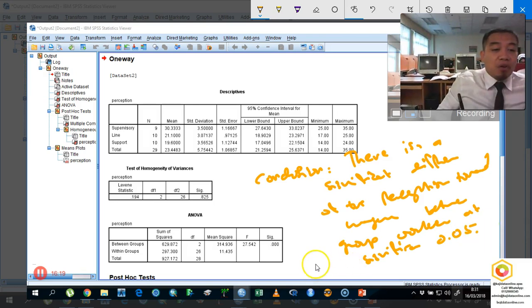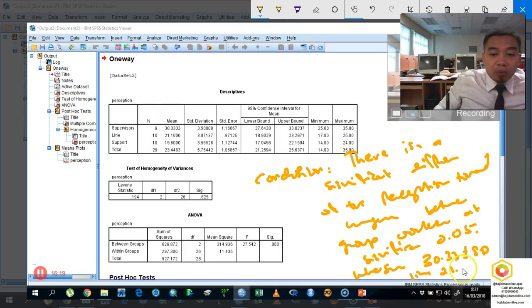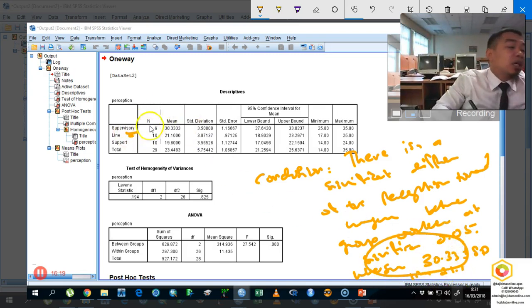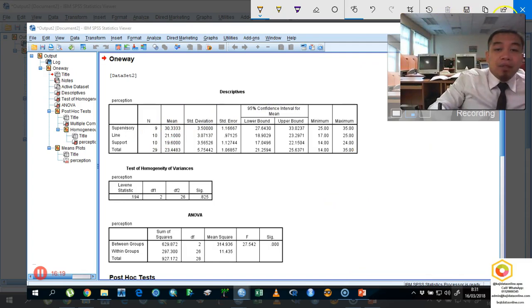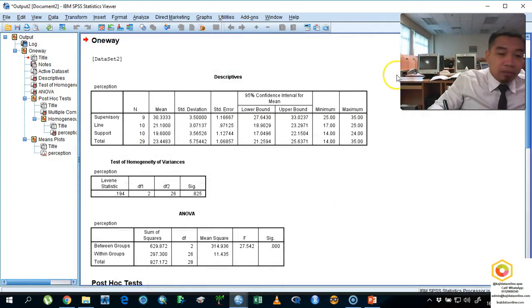And therefore you might want to continue to say something about their mean, where the mean of supervisor indicates 30.33 plus minus standard deviation. Line is equal to 21.1, which means the highest perception is the supervisory level rather than the other groups of workers. Okay, so far so good. Understand or not? Very good.